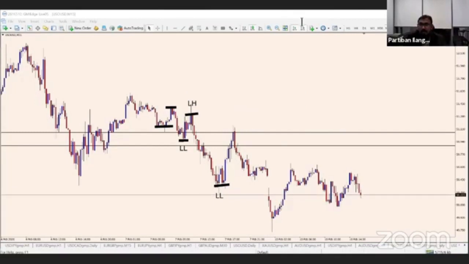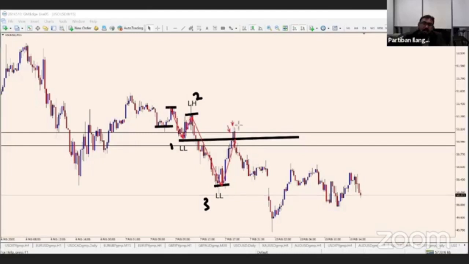What you can do is connect the first point, second, third, make a horizontal line across the number one over here, and you wait at this retest point. If I try to explain through my price action story, the market tried to penetrate, failed, penetrated, retest.